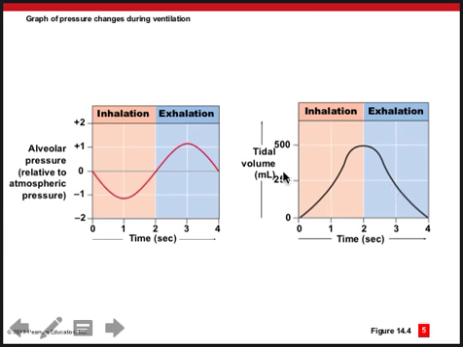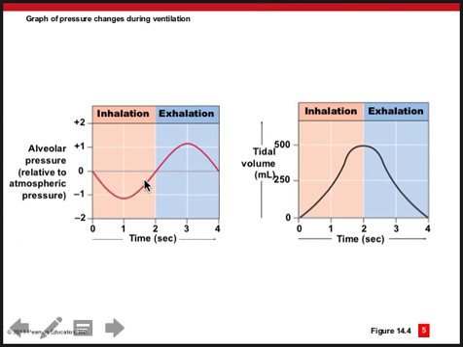Okay, so here you can see during inhalation, we reach a bottoming out of the alveolar pressure. This is as air is rushing in. Then as air continues to fill the lungs, the pressure will begin to increase.